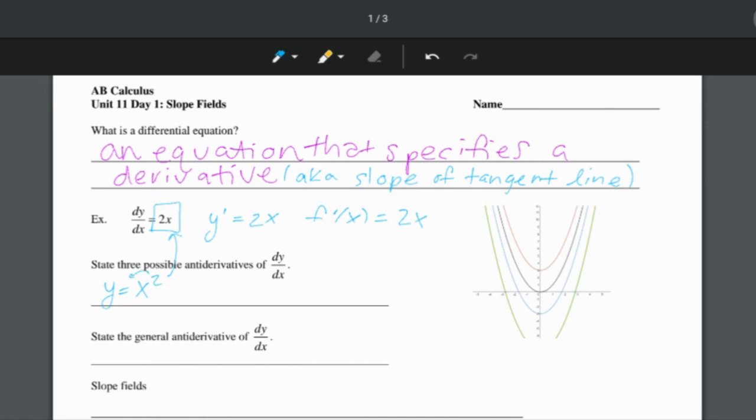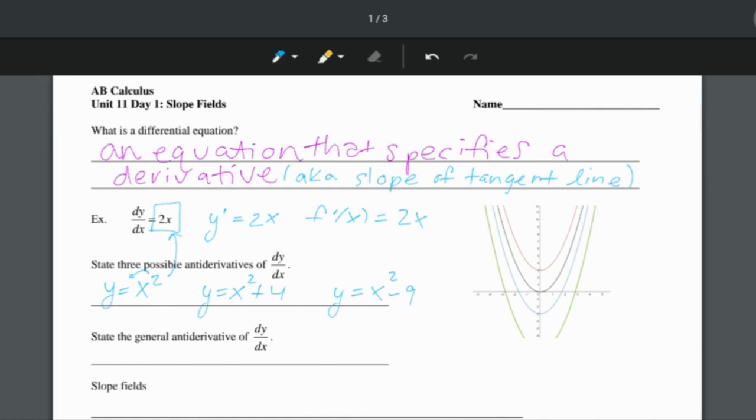The 2 would just go out in front, the exponent would be 1, so we get 2x. So I think that would be a possible antiderivative. It could have that plus c, a constant on the end. So maybe another one would be x squared plus 4. Maybe another example would be x squared minus 9. Really, it could have any constant on the end or no constant at all.